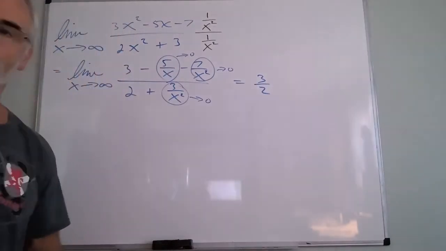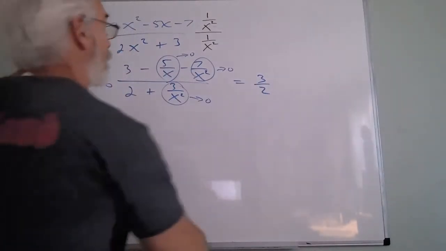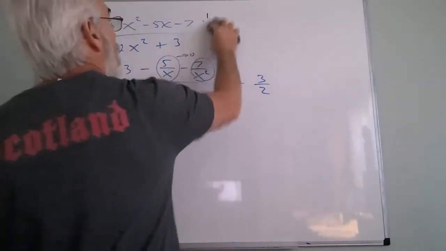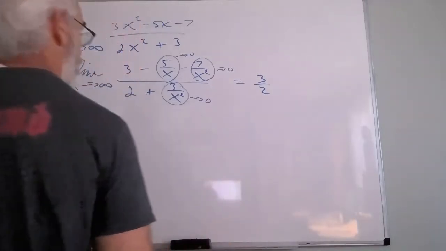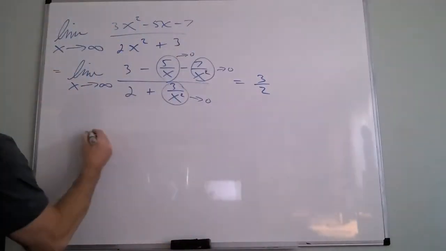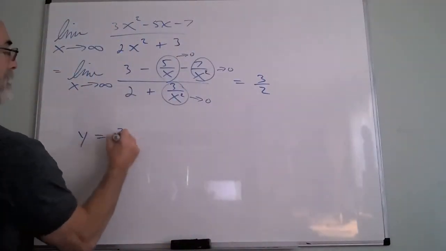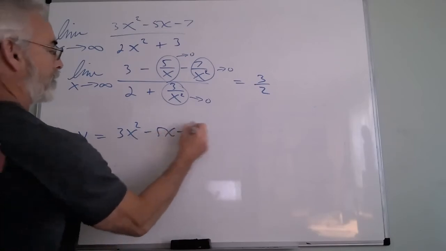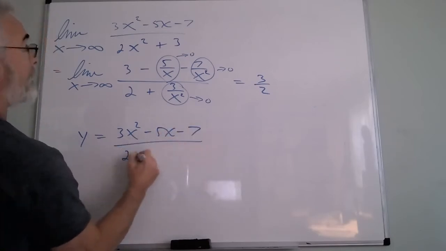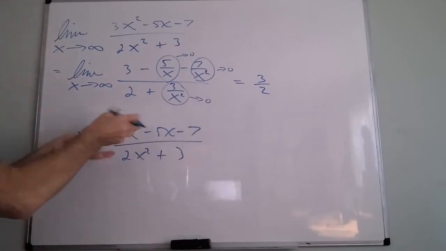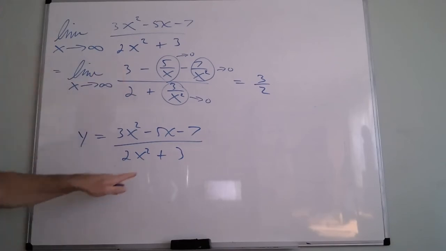Now I'm going to introduce a term or symbol that some of you are not familiar with. Let me just write y equals, which might make it easier to think about. So this is some graph. I don't have any vertical asymptotes because the denominator is always positive.